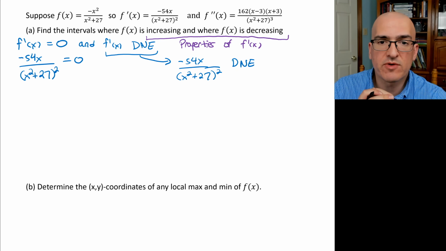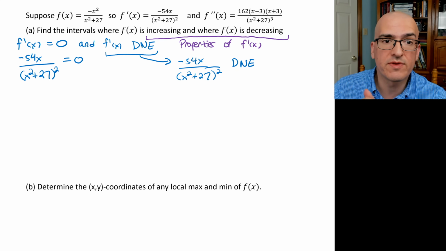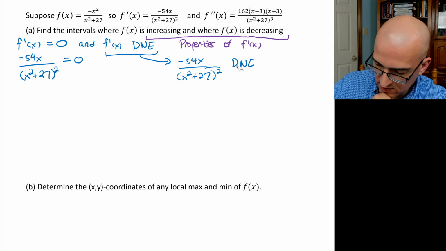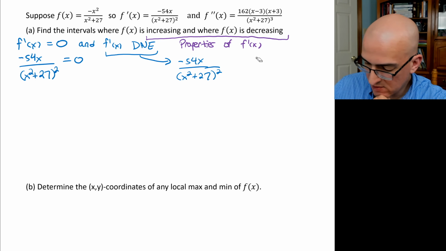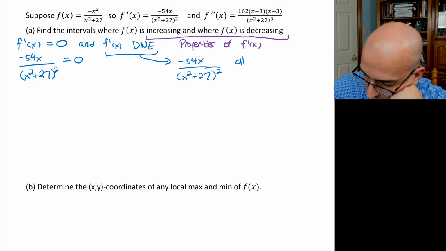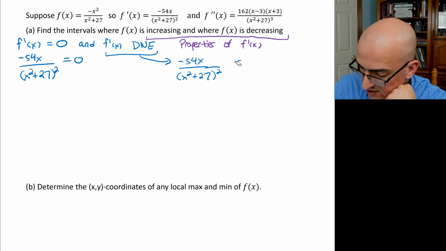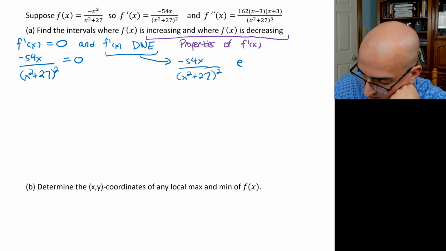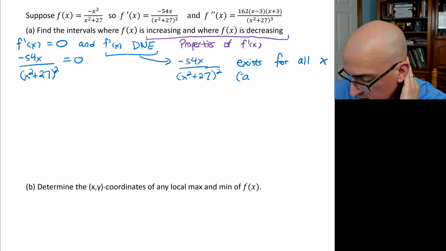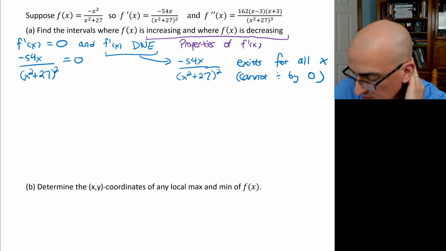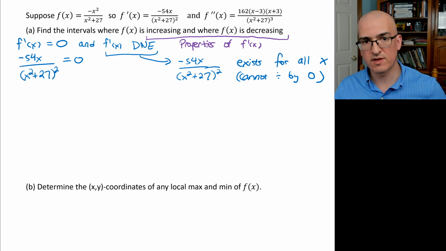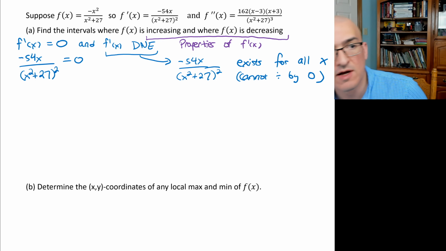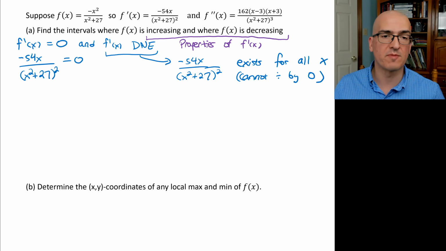You're adding a positive number to that. There's no way you can get a 0 in the denominator. So this derivative exists for all x. That's the only way that a rational function can have a place where it doesn't exist, is to have a division by 0.